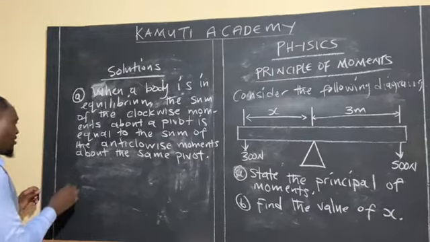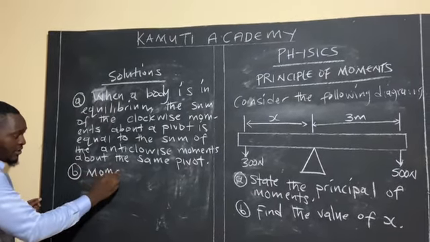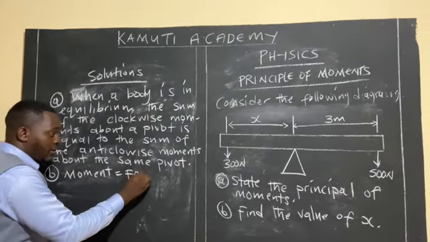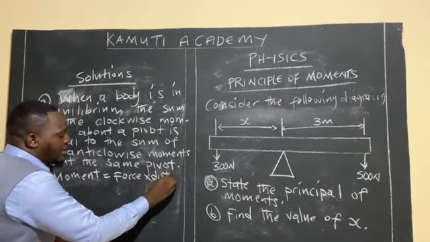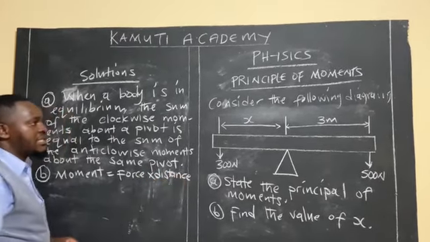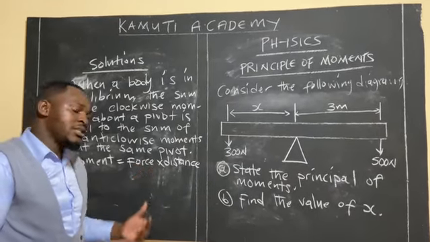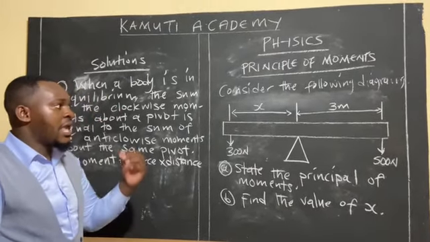Very important. So you need to note that moment can be found by saying force multiplied by distance, and the SI unit of moments is Newton meters, because the force is in newtons, then the distance, its SI unit is meters.